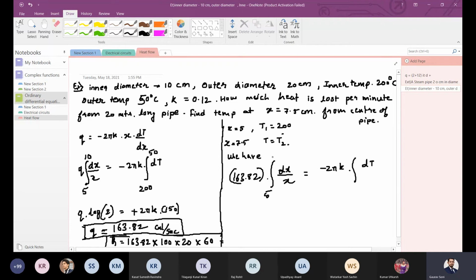Now x from 5 to 7.5. The temperature at 5 is 200 and at 7.5 is say T2. We need to find T2. So let's solve it for T2. 163.82 into log of 7.5 divided by 5 is equal to minus 2 pi k into (T2 minus 200).